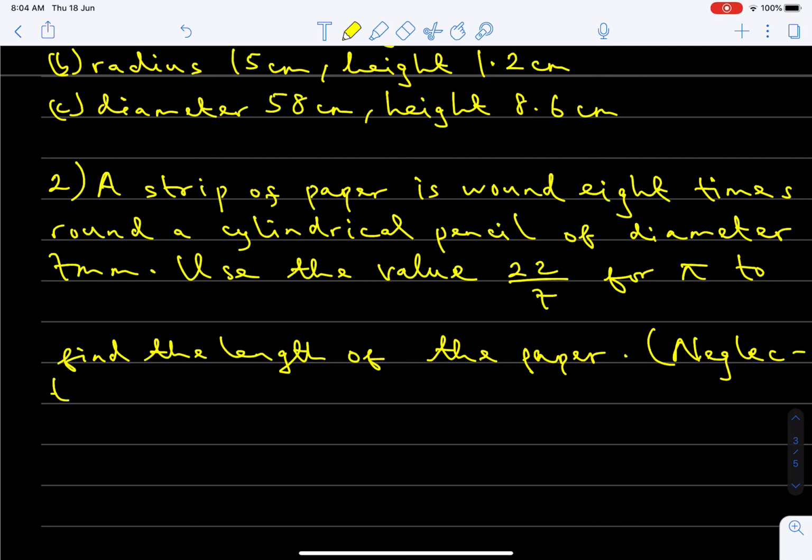You don't have to care about how thick the paper is. Neglect the thickness of the paper. So that's it, very, very simply.